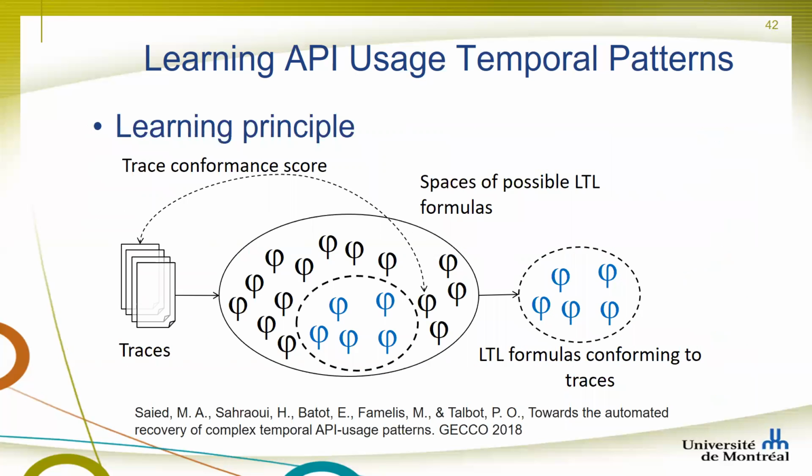So the learning principle is always the same, with some small differences here. We are not looking for a unique formula, or trying to find a set of formulas like we did with the rules or with the Pareto approximation. In that case, we just try many formulas and try to find the set of formulas that best conforms to the traces.